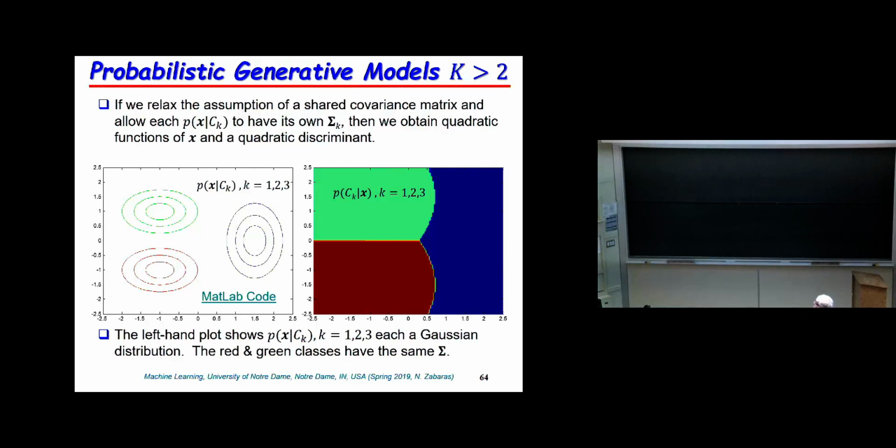But this is not the case between the red and the blue and the green and the blue. The boundaries are actually quadratic, because they're Gaussians. In lots of problems, doing this with quadratic boundaries is not an issue. Certainly it's not an issue here. But we like the concept of having generalized linear models. So in this case, we do get quadratic boundaries.